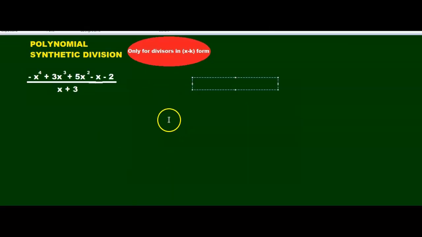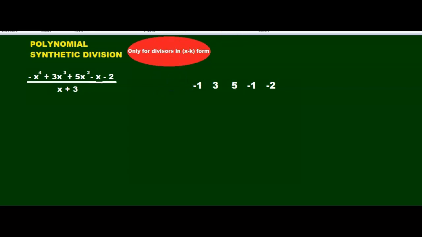Okay, so now let's look at this new example. Let's look at the coefficients of our dividend. We have negative x to the 4, so I'm going to put negative 1. And then I have a positive 3 for the x cubed, a positive 5 for the x squared, a negative 1 for my x, and a negative 2 for my constant.